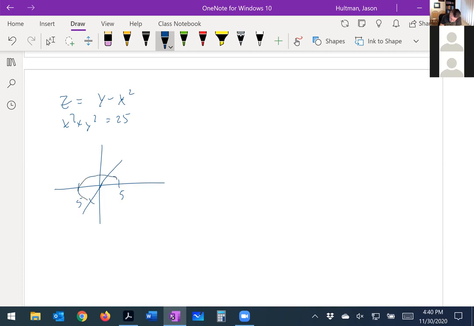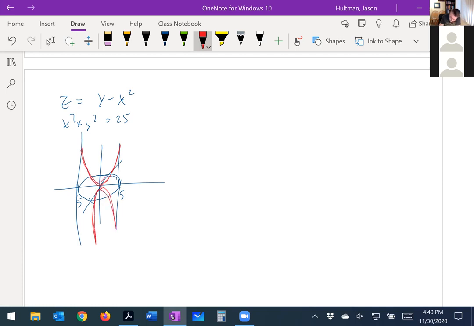So we've got this cylinder here, okay? It goes down. And then we have this hyperbolic paraboloid, which is looking like, oops, I'll do that in a color. Okay, our hyperbolic paraboloid, which is sitting like this, and then like this, oops, and then like this as well.